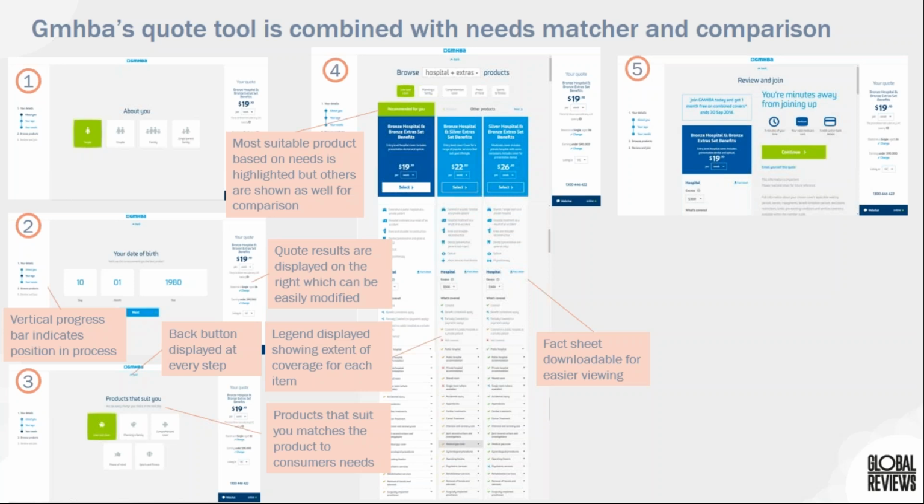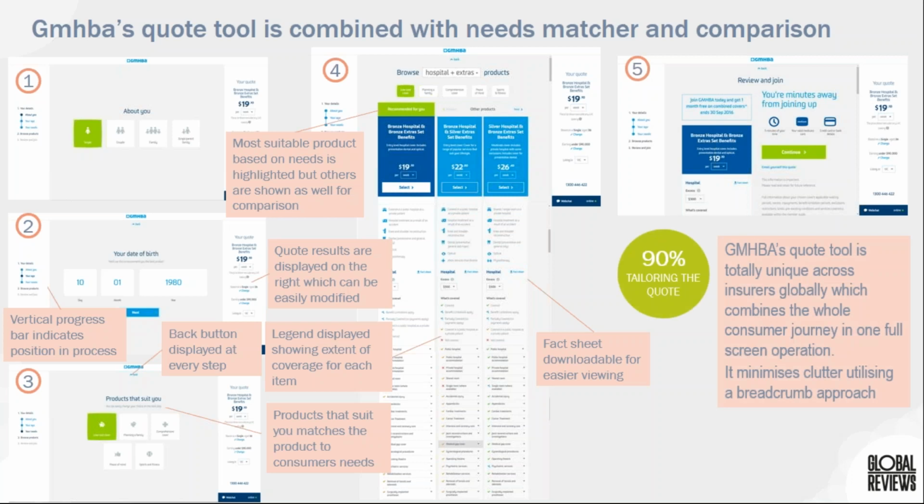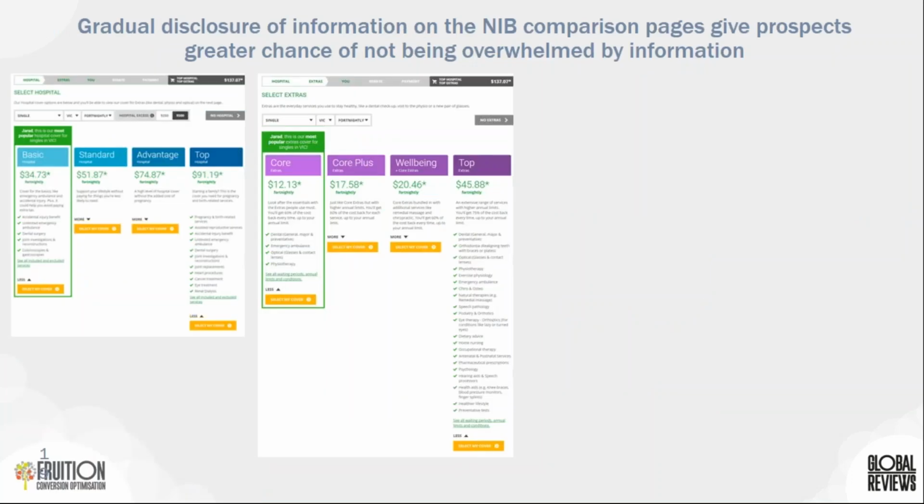And then you've got the final one at the end. So this is totally unique across insurance globally, and it combines the whole consumer journey in one full screen. And then they achieved a 90% score in terms of tailoring the quote. So very high score there.